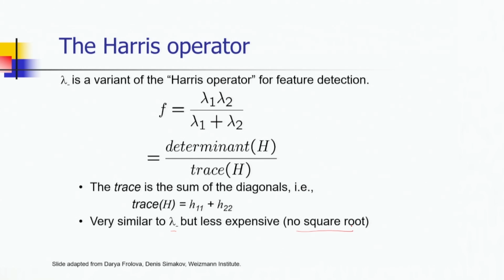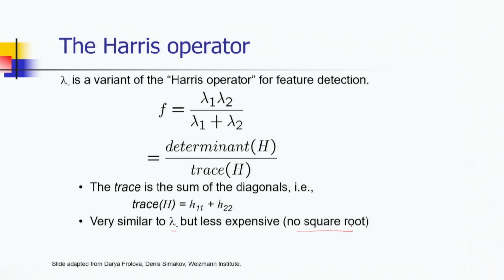Square root is an expensive computation on a computer, so the sum and product are less expensive operations. We consider all these things because in an application, when you are computing these points, there may be millions of points.